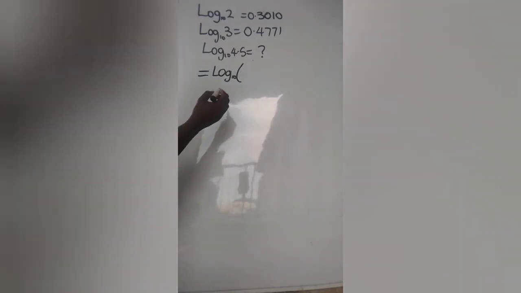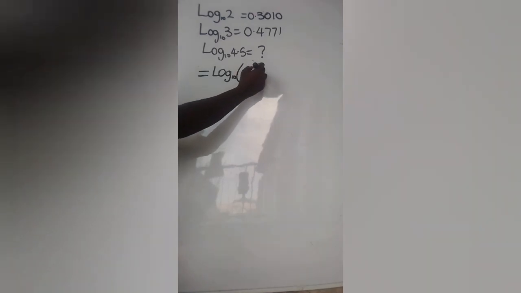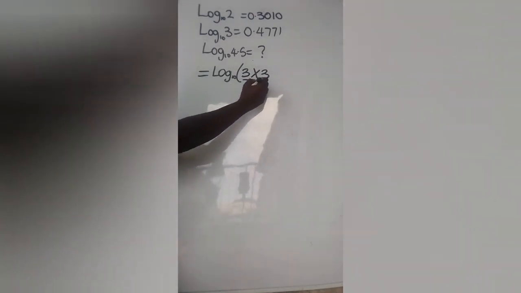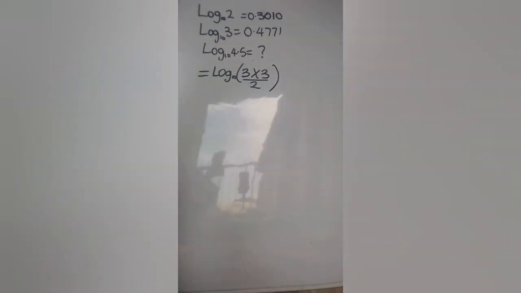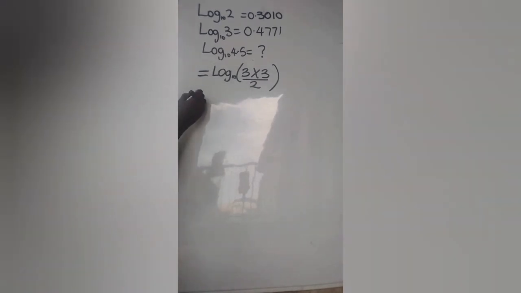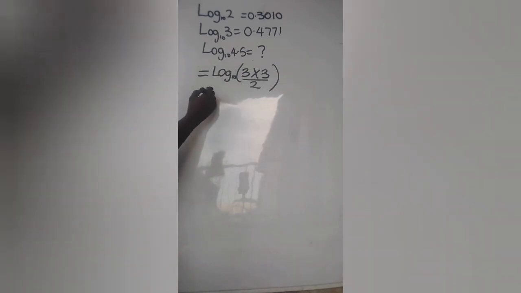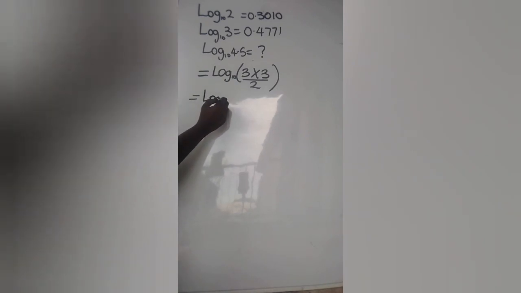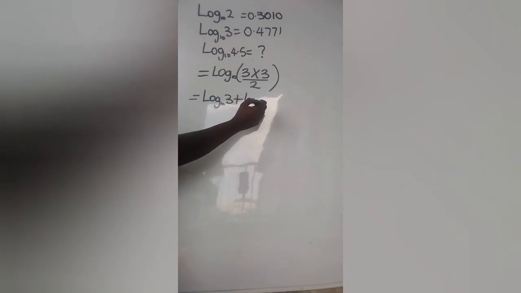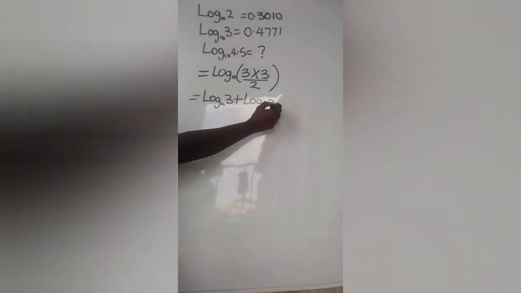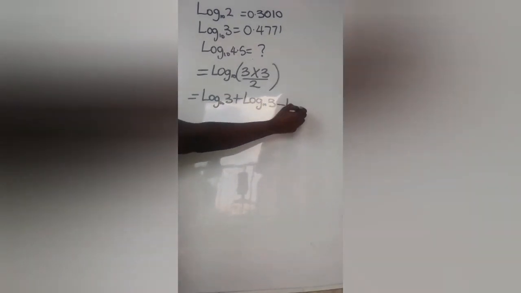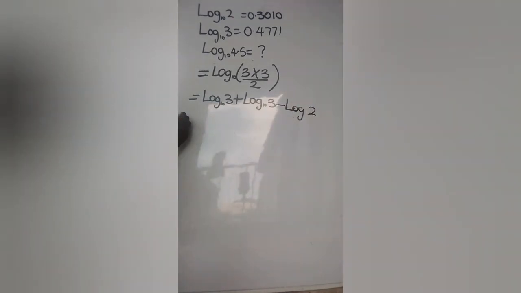Log 4.5 equals 3 times 3, which is 9, all over 2, will give us 4.5. And in logarithm, multiplication turns to plus, while division turns to minus. So this turns to log 3 plus log 3 minus log 2.